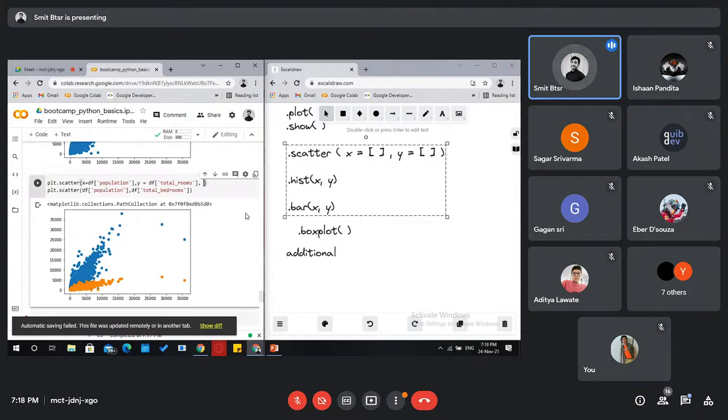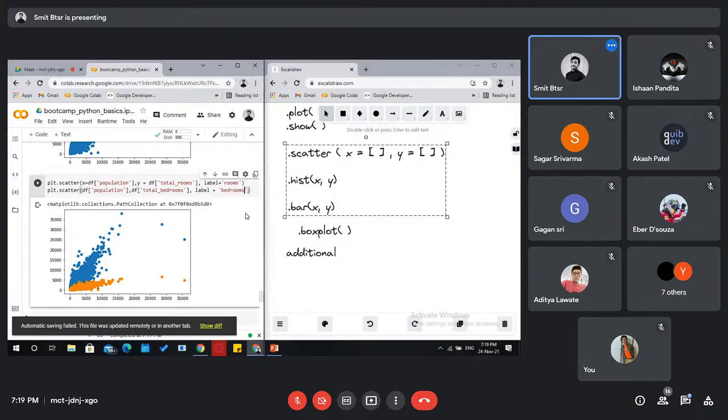So we are labeling the whole graph, not the X and Y axes individually. Let's label this blue one as rooms, and for this one we will label it bedrooms.